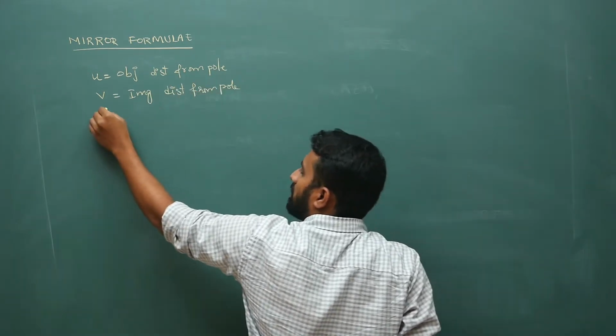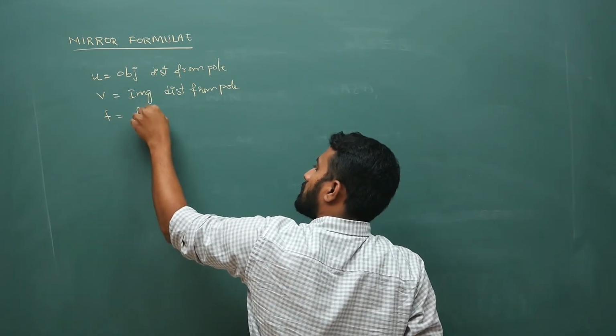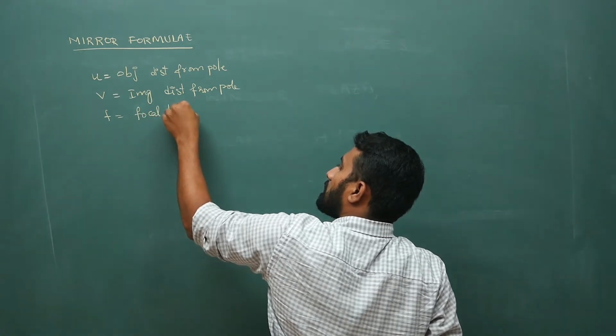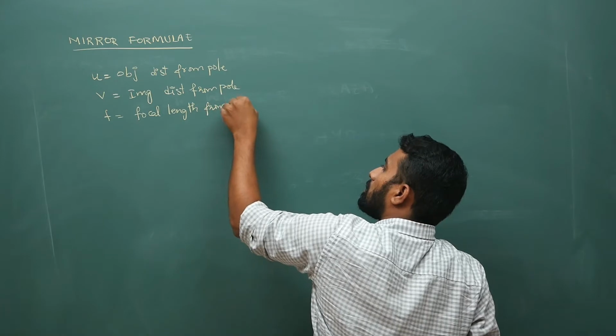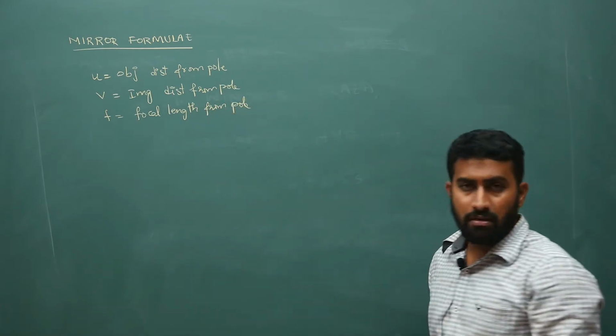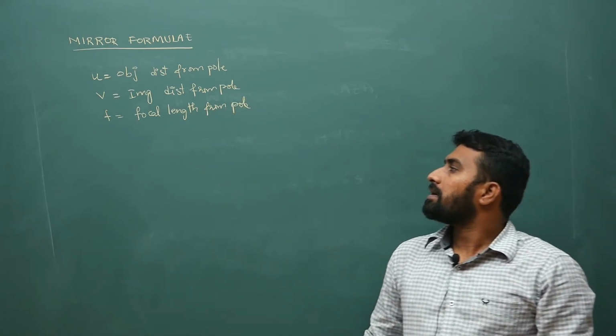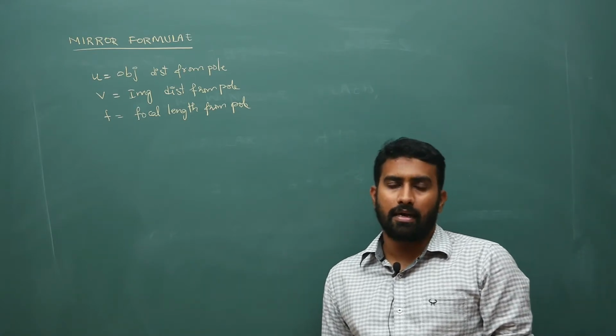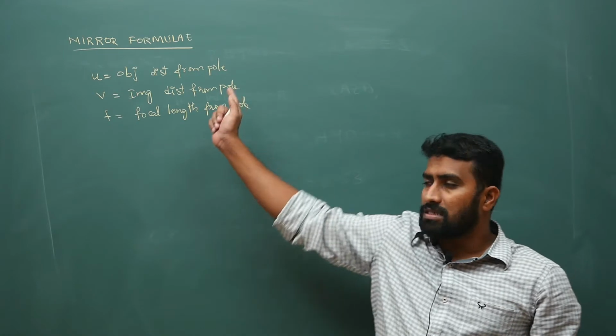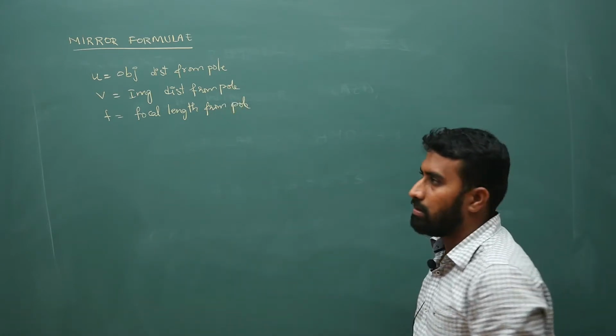And F is focal length from pole, the length of the focus from the pole. One thing is very clear: all these distances will be measured from the pole.